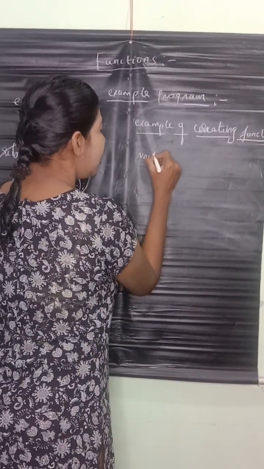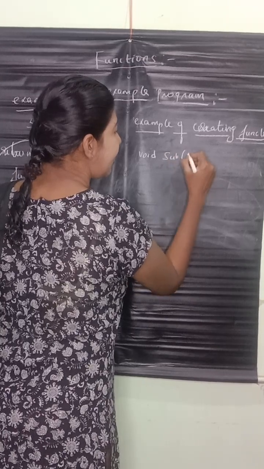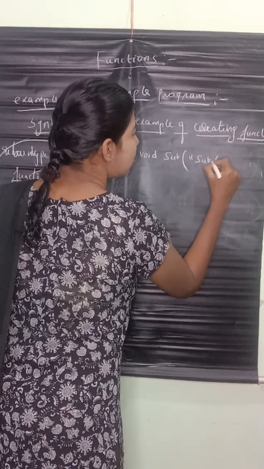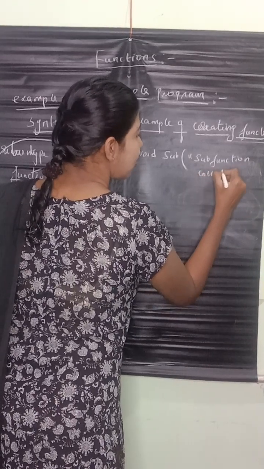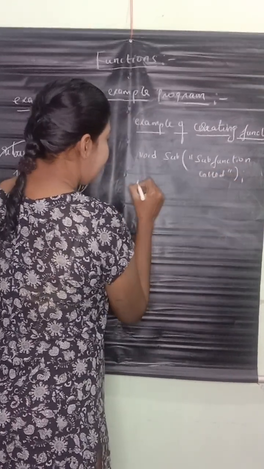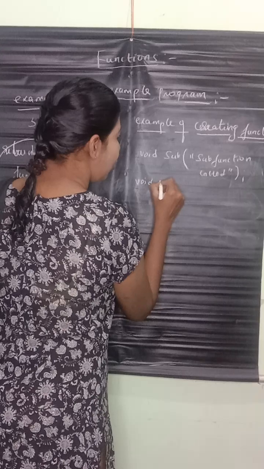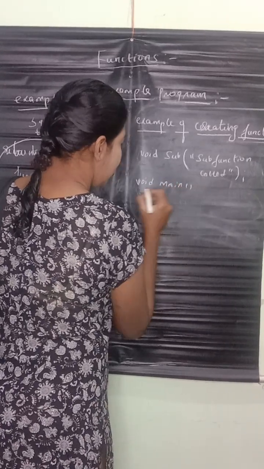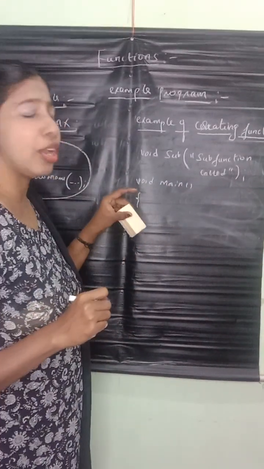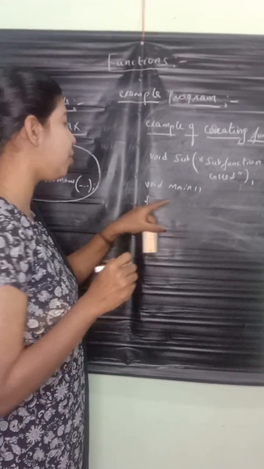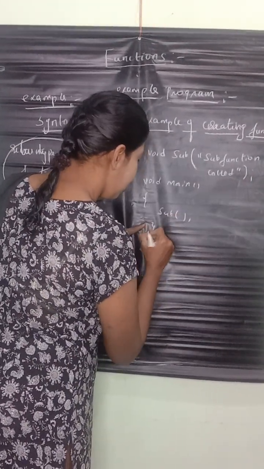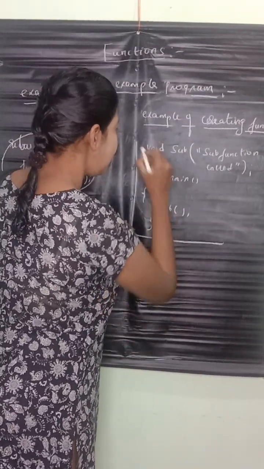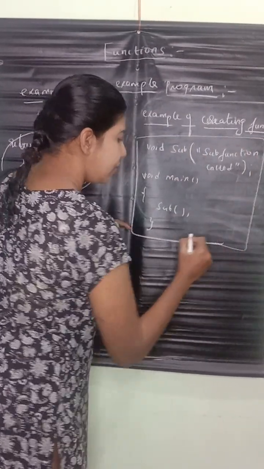First, void sub of, I am creating a sub function called sub. In the main function, void main of, we are giving the main function. The first function to be called is the main function. Here I am calling the sub function. This is your program.